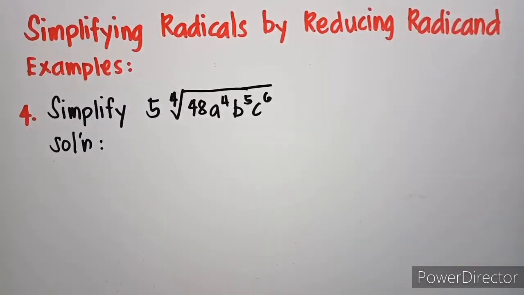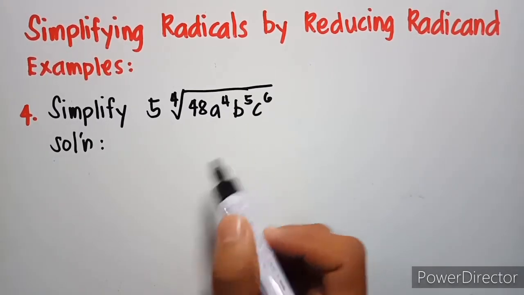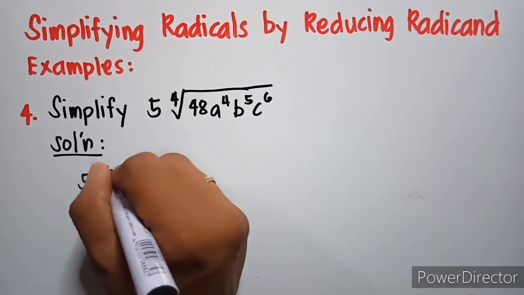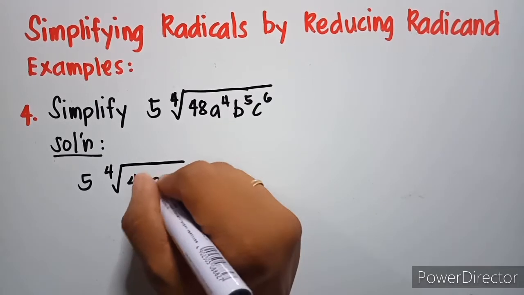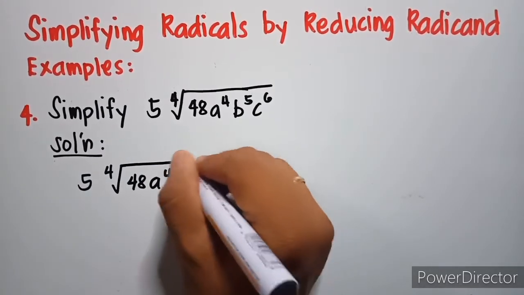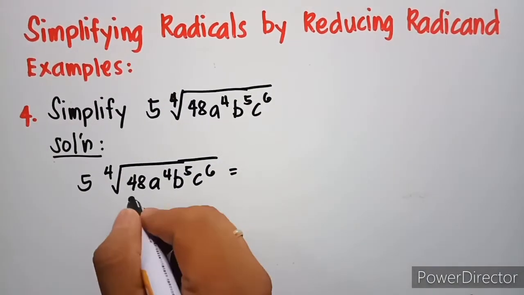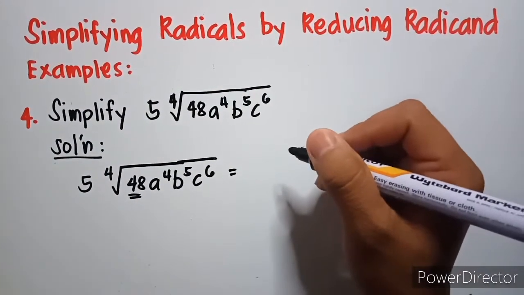Example number 4. Simplify 5 times the fourth root of 48 a raised to 4, b raised to 5, c raised to 6. Solution: we have 5 times the fourth root of 48 a to the 4, b to the 5, c to the 6. As we all know, 48 is not a perfect fourth number, so we need to factor it.